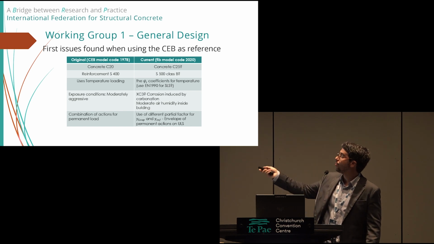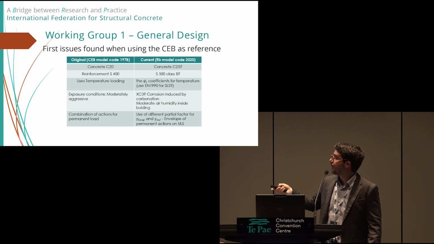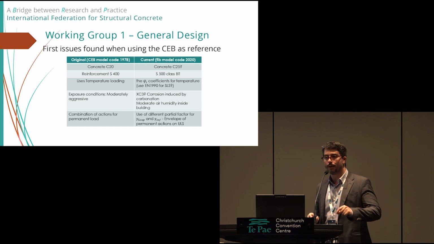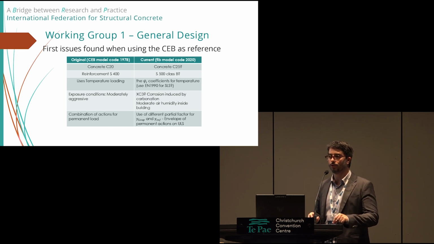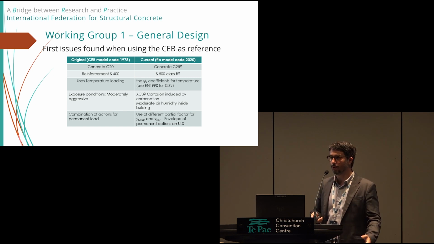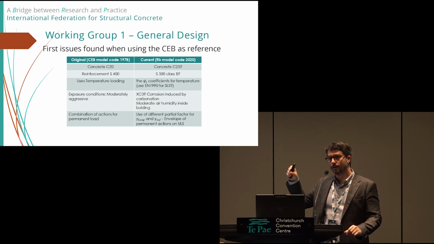Also, the combination of actions: the model code goes into detail on it, but when the model code doesn't go into details, we go somewhere else, maybe the Eurocode, and we address that point in the comment sections.